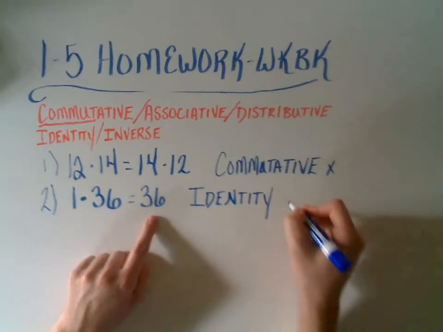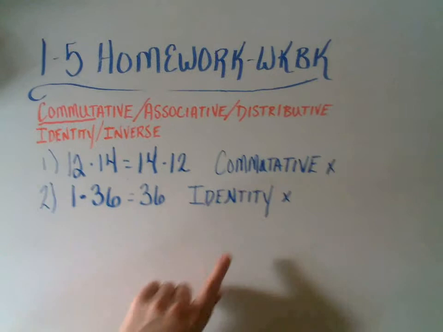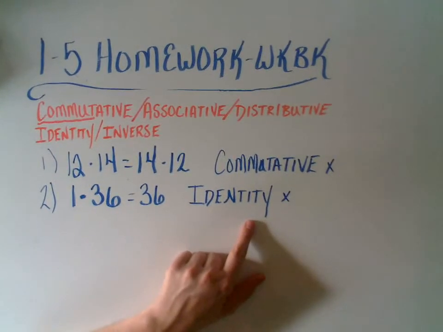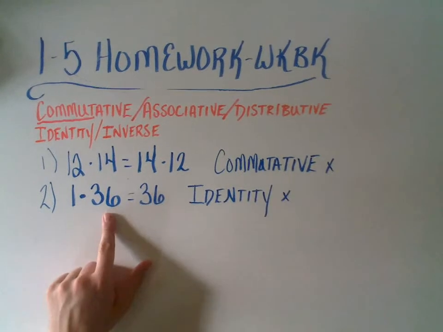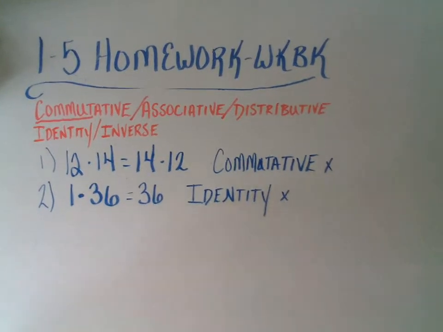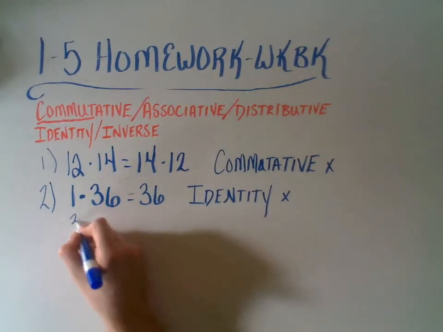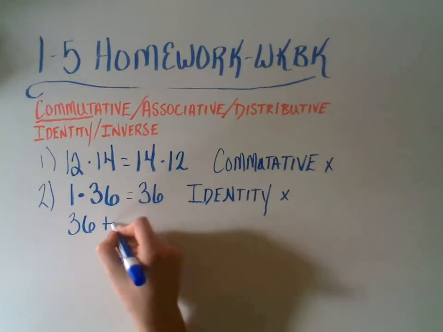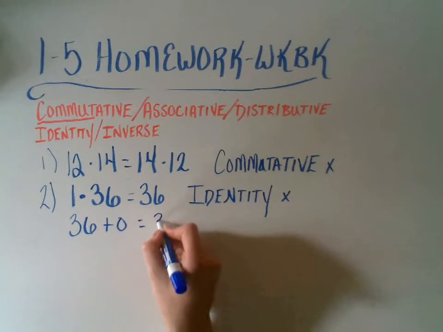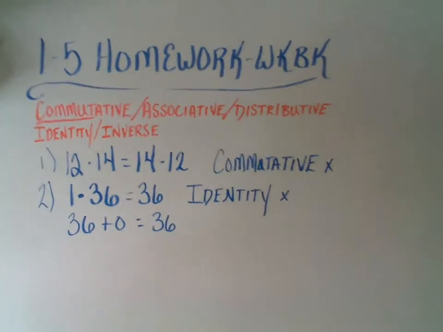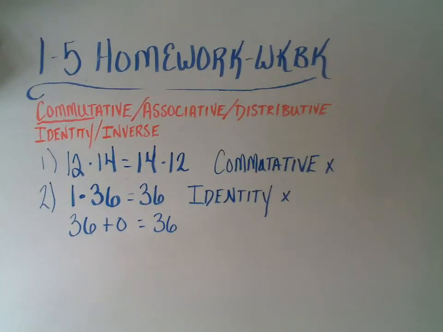Why? Because it's a multiplication problem. There's an identity property of addition as well, and remember, that says if I add 0 to something, I would get the same number. So if we were talking about 36 still, the identity property of addition would be 36 plus 0, still equal to 36. I didn't change the number. I still got the exact same answer.